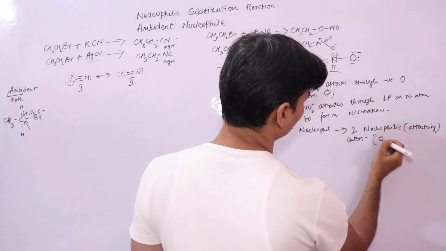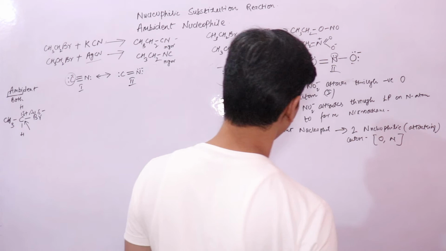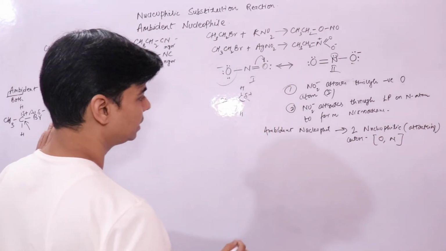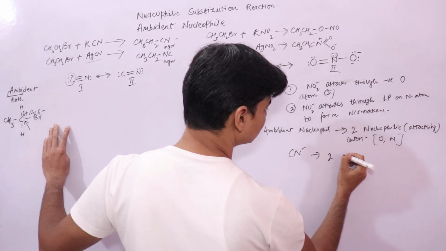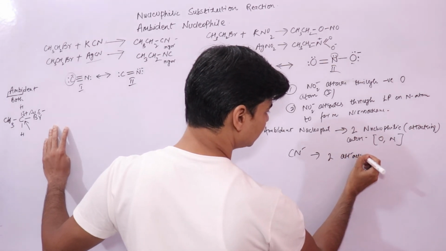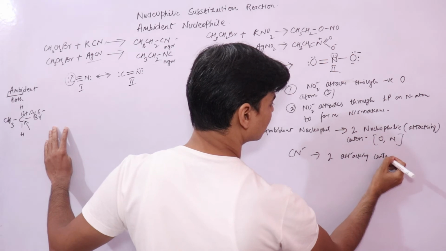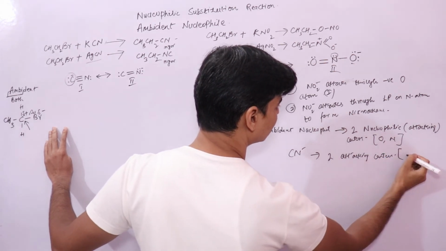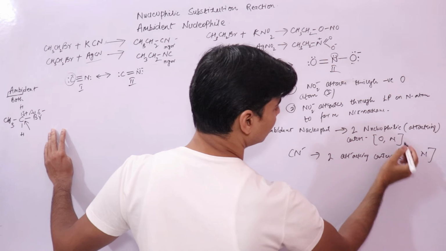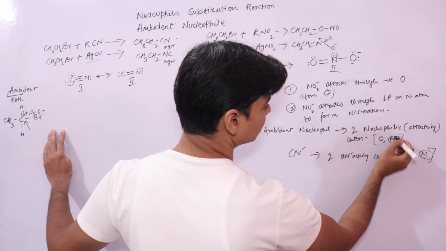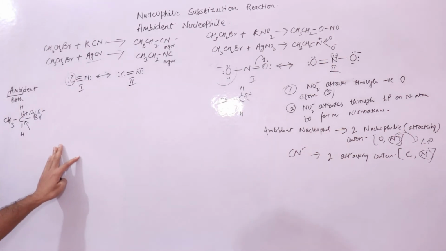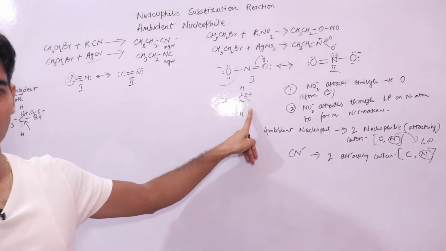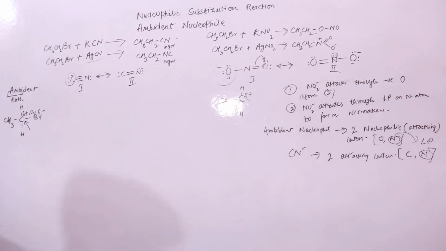In this case you have oxygen and nitrogen attacking centers, and in case of cyanide, you have two attacking centers or two nucleophilic centers, which are carbon and nitrogen. And through nitrogen it mostly connects via the lone pair of electrons, which it can transfer to the electron deficient carbon atom of alkyl halide, right?